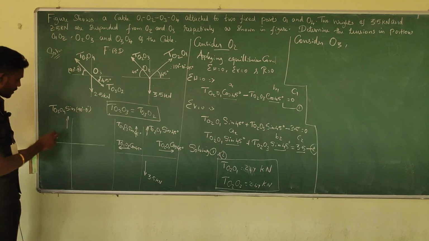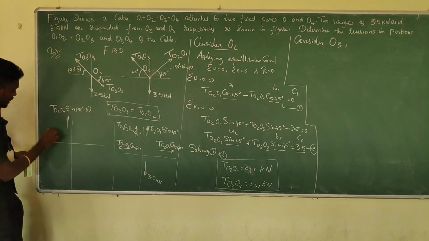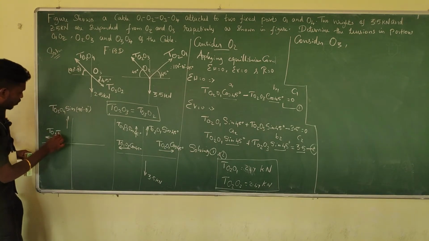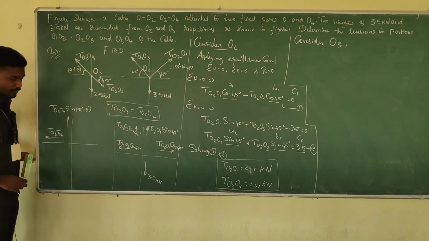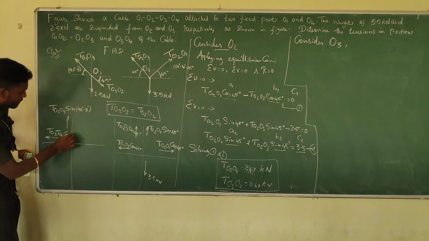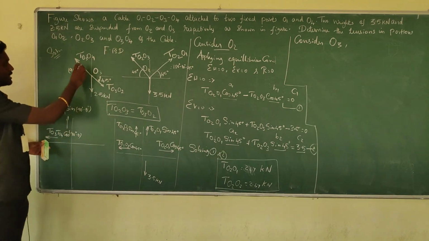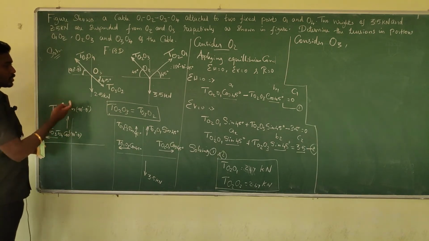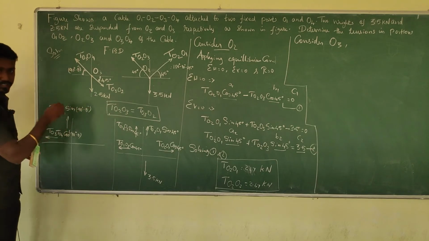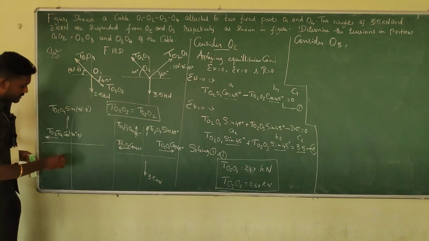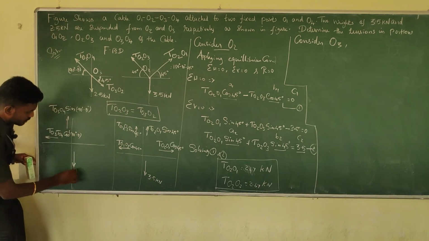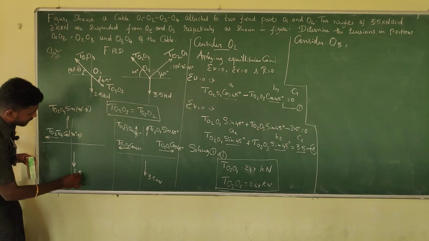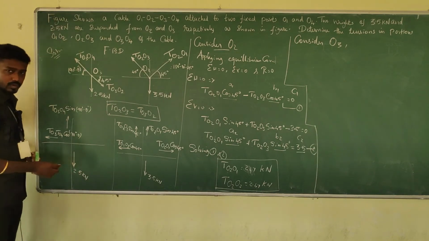The horizontal component is cos of 90 minus theta. Any other force in the second quadrant? No. In that quadrant there is no force, and here we have the vertically downward force, the weight, which we take as 2.5 kilonewton. It's vertical, so no need to worry.